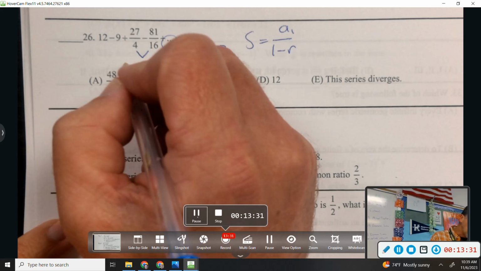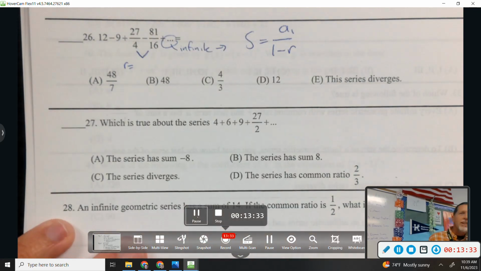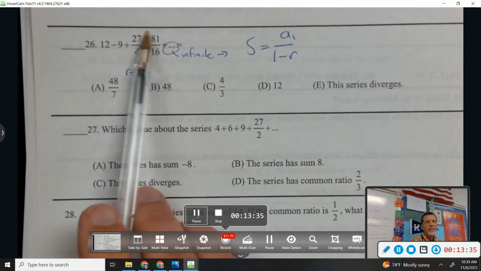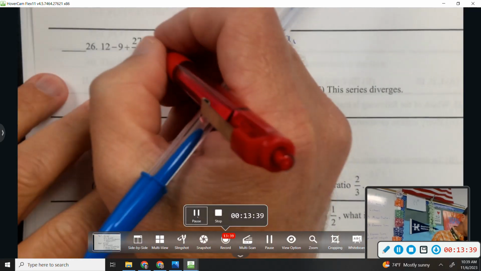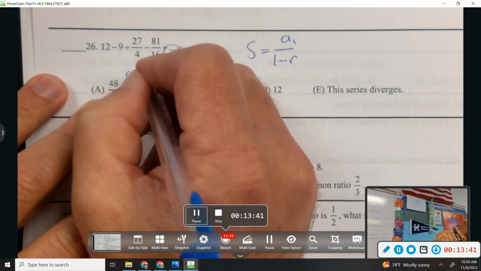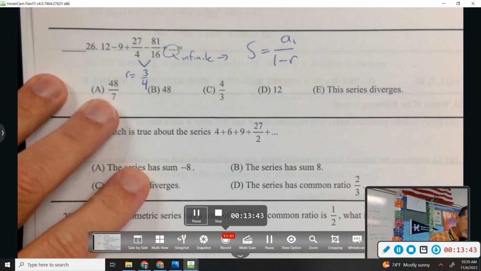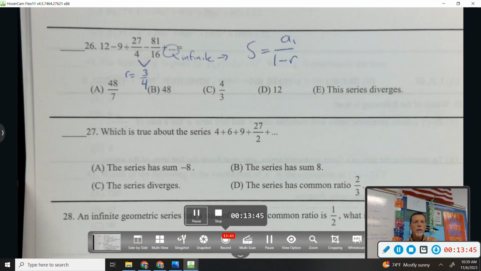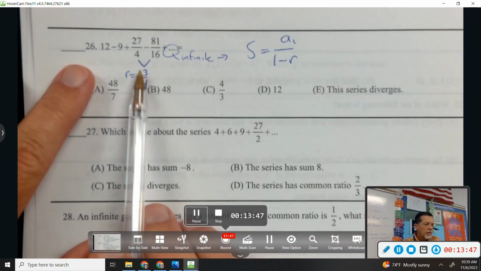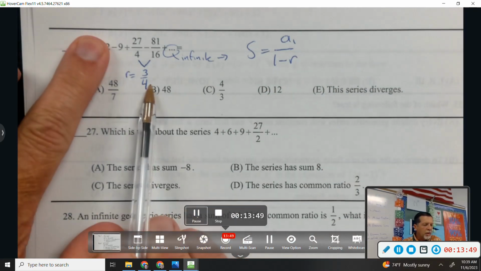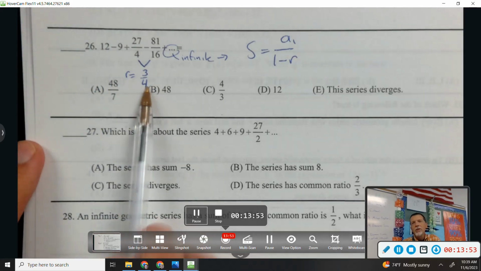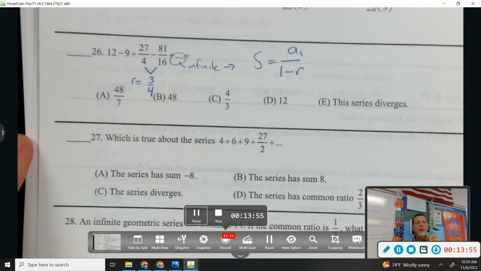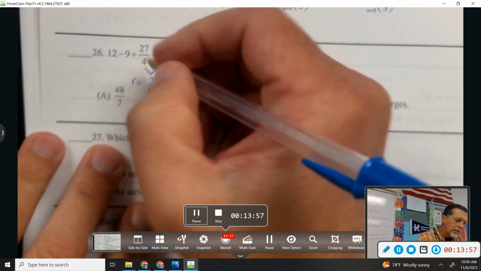Can you tell what r is equal to? Sometimes the r is easier to find out here, even though there's fractions. Because 27 times 3 would be 81. 4 times 4 is 16. And then maybe I should verify that. 9 times 3/4 would be 27/4. So that's almost correct. Wouldn't that be negative? It would be negative because they're alternating signs.